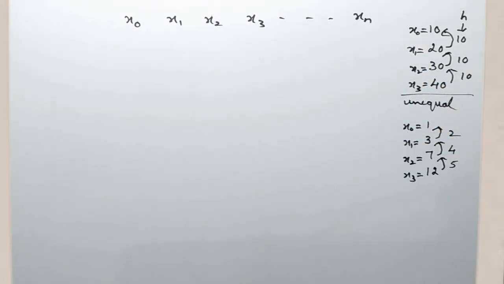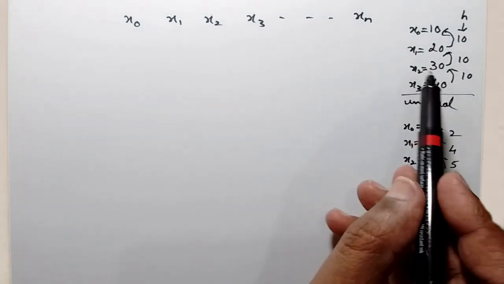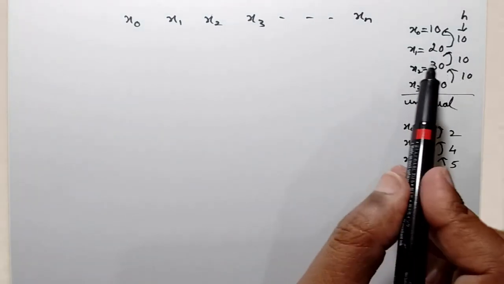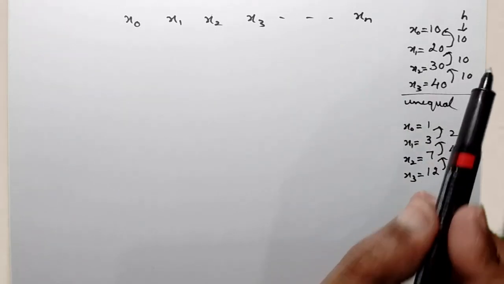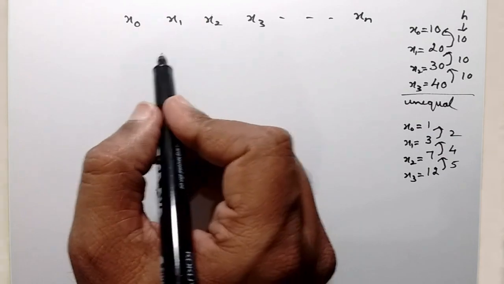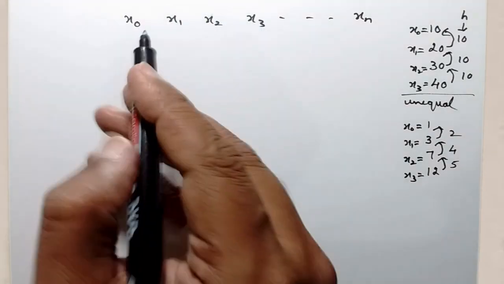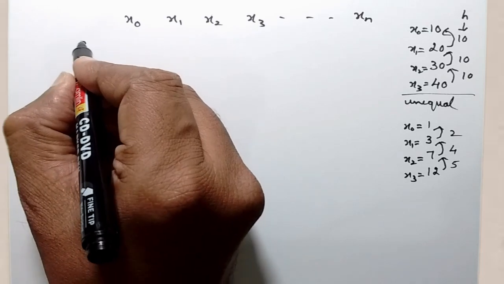For unequal intervals, what will be the interpolation formulas? For unequal intervals, we cannot use Newton's forward and backward interpolation formulas. Therefore, we'll go for Newton's divided difference formula. So two methods can be used over here.